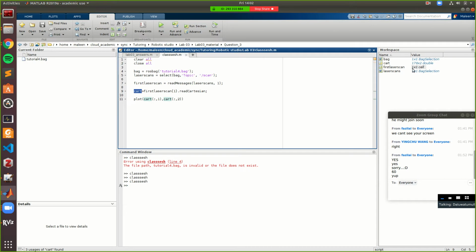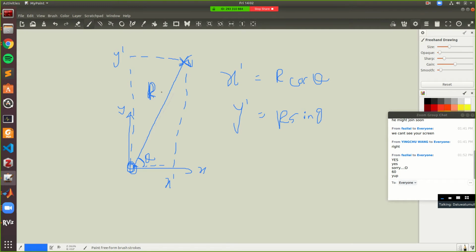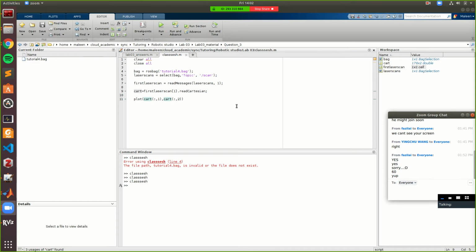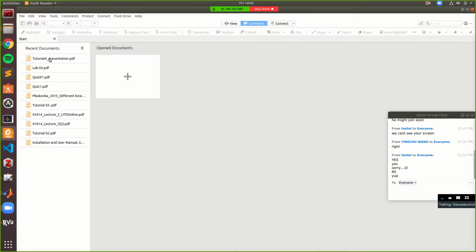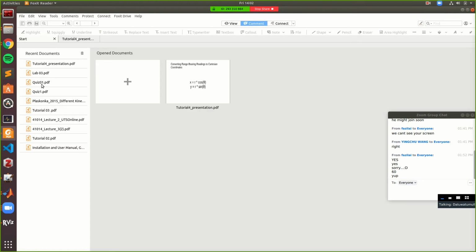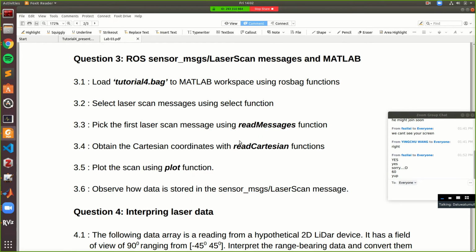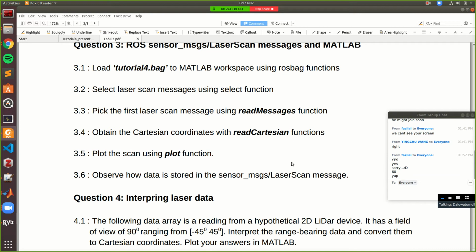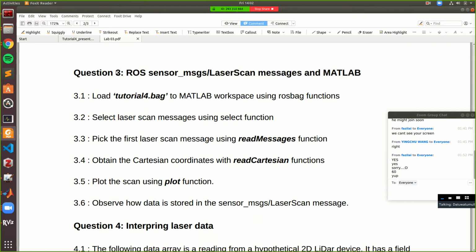Because the depth values we are getting are just the range and the angle, not the XY coordinates. Okay, yeah, so that is basically question number 3, right?